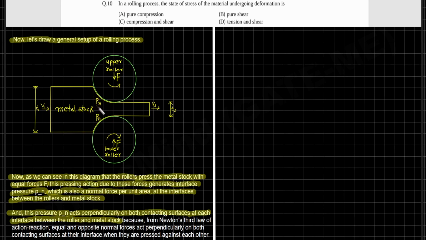Meaning the pressure Pn acts perpendicularly on both the upper roller and metal stock along their contacting area at this interface. Similarly, the pressure Pn acts perpendicularly on the lower roller and the metal stock along their contacting area at this interface.